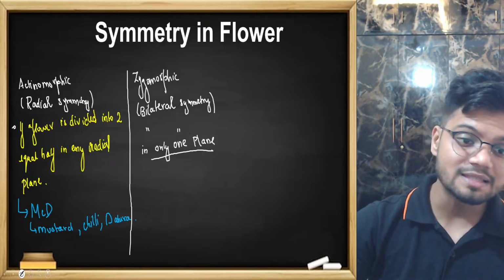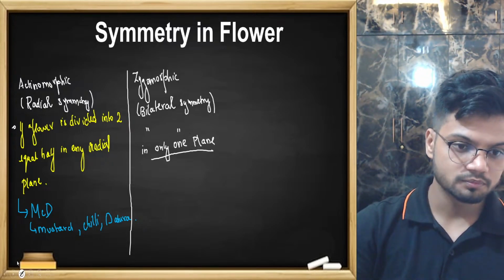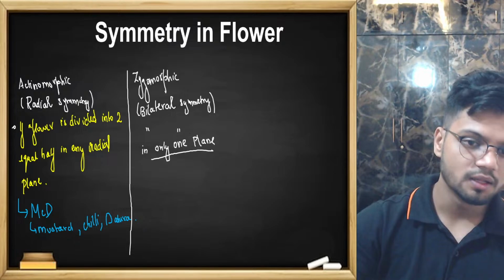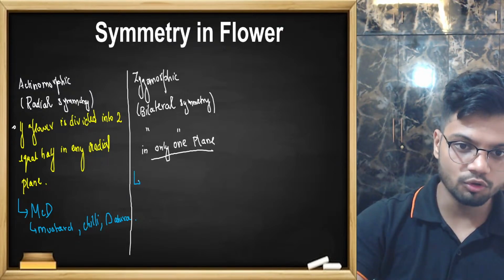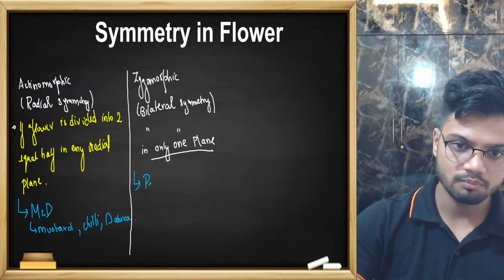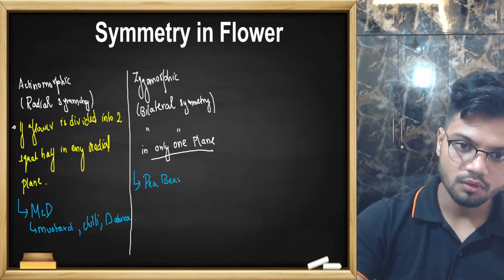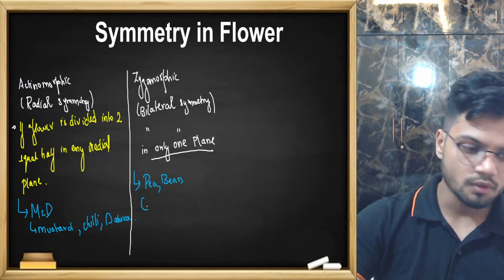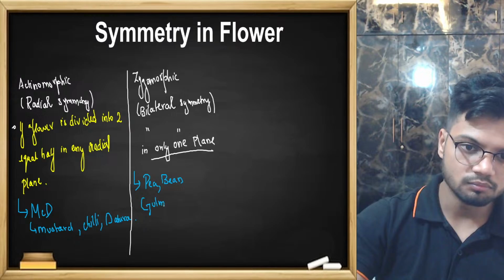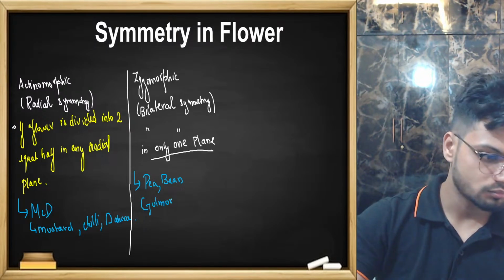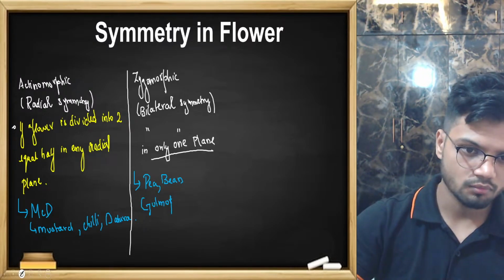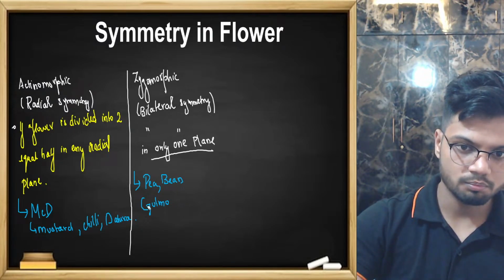Now again, example is the most important part. So here we have pea bean, Gulmohar and Cassia. Pea bean, Gulmohar and Cassia.